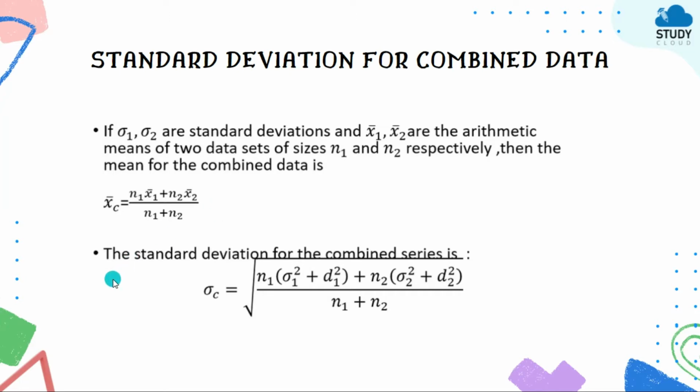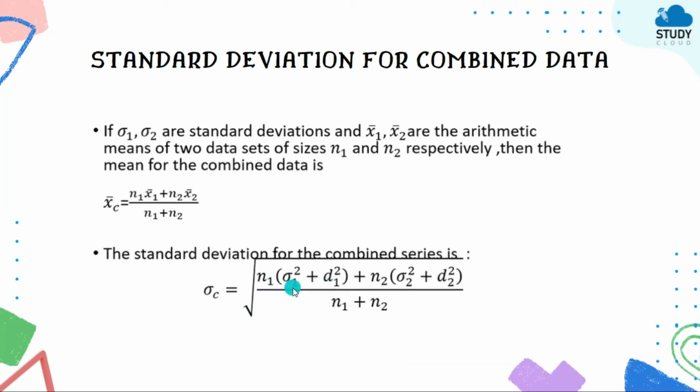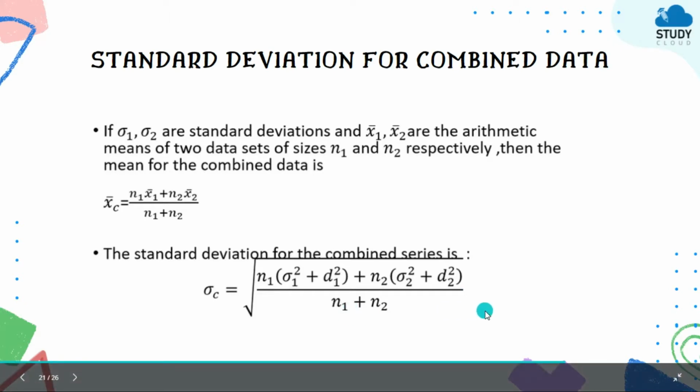Then how to find the standard deviation for the combined series? So here is a formula. You will write under root n1 and open one bracket, write sigma 1 square plus d1 square. How to find this d we will see further. Plus n2 and then open the bracket, and write the same as the first bracket, just instead of 1 there will be 2, that is of the second group, upon n1 plus n2.